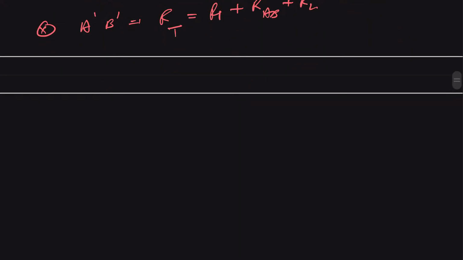So we get our R total will be equal to 1 upon 3K plus 1 upon 2K plus 1 upon K, and this comes as 11 upon 6K. So this is our total thermal resistance.